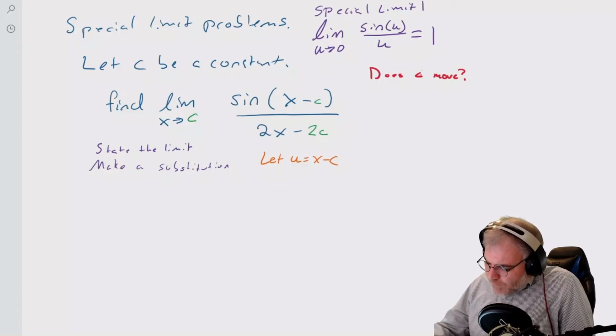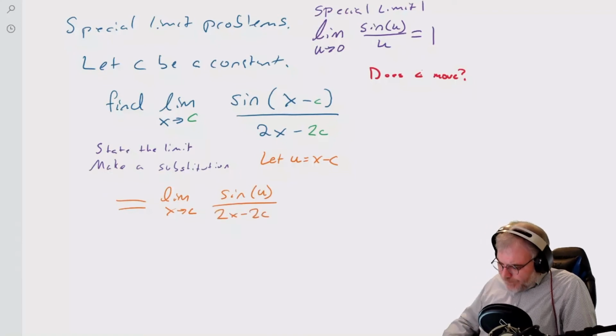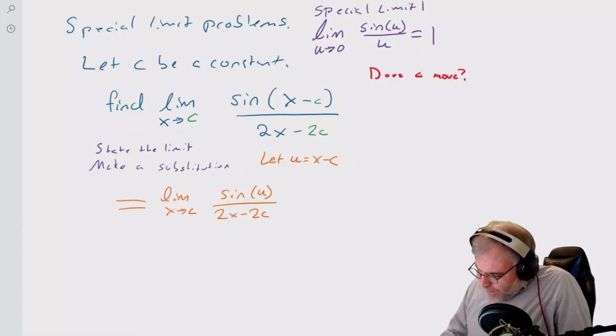So this problem now becomes the limit as x goes to c of sine u over 2x minus 2c. All right, so now I need to figure out what I can do with this.